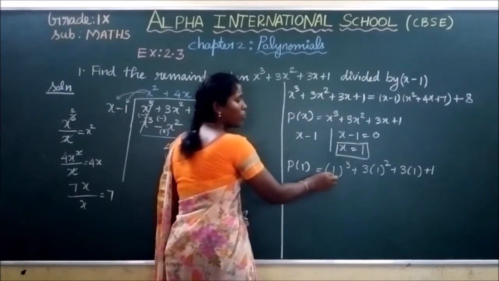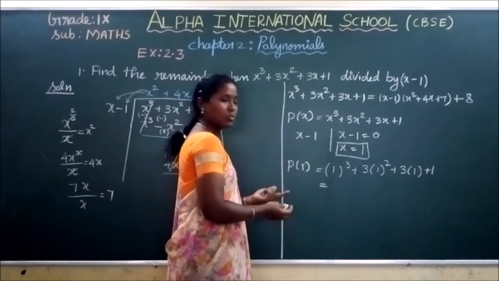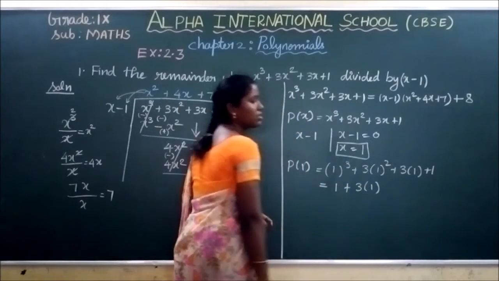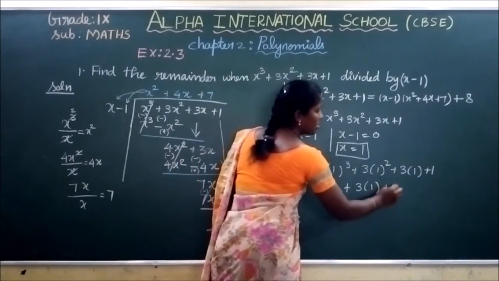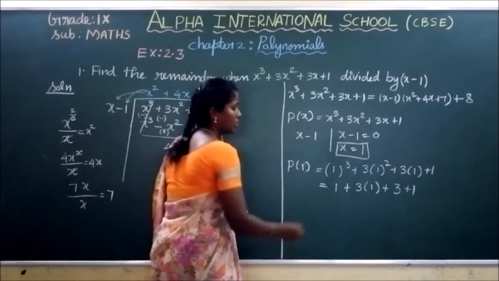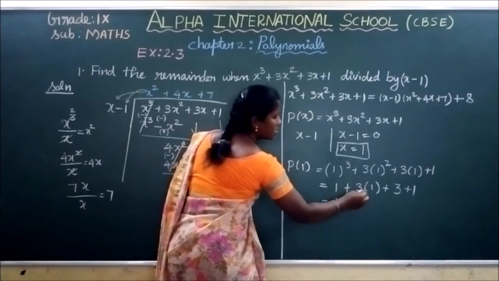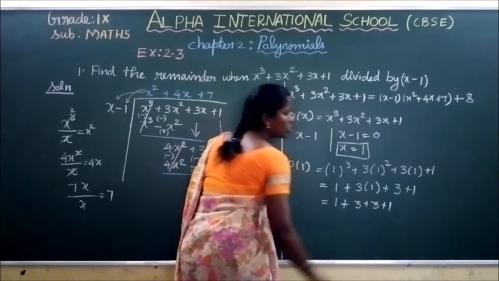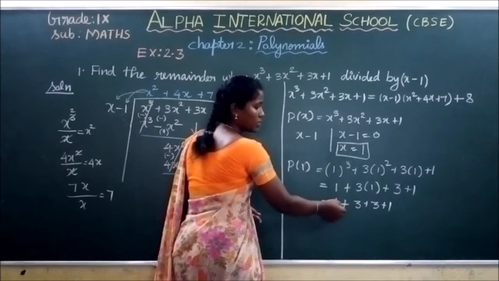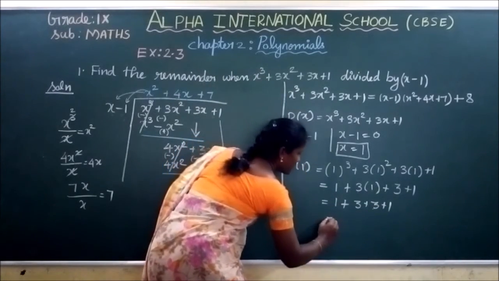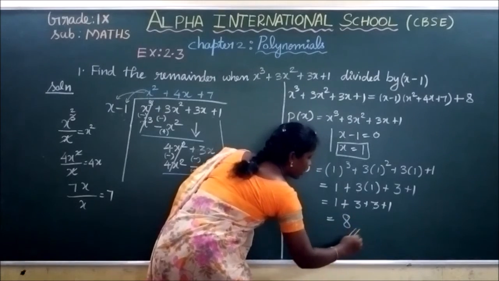What is the value of 1 cube? 1 cube is 1, plus 3 into 1 square is 3, plus 3 into 1 is 3, plus 1. What is the total value we are getting? 3 plus 1 is 4, 3 plus 1 is 4, so 4 plus 4 is 8. We are getting the remainder as 8.